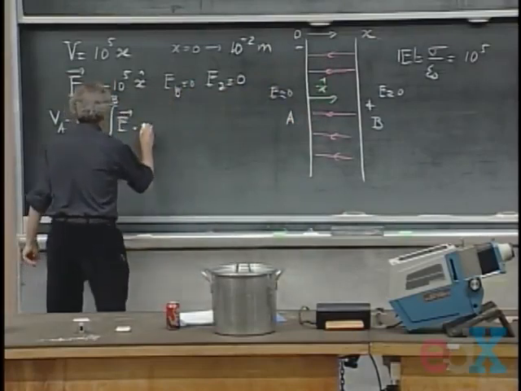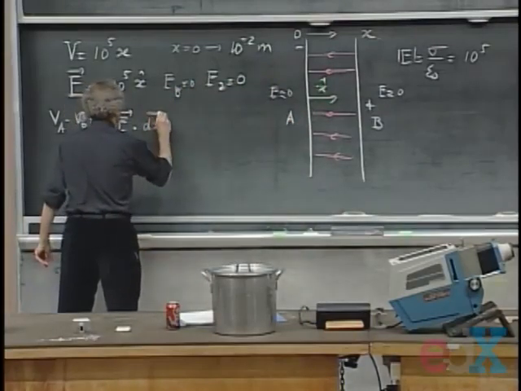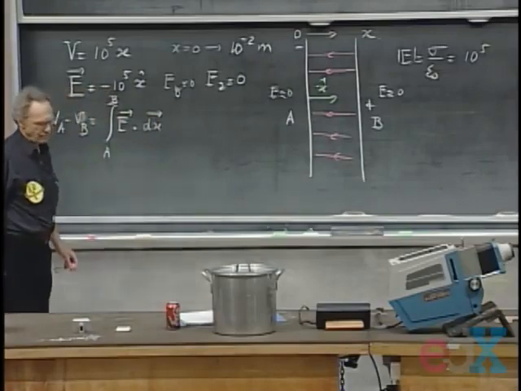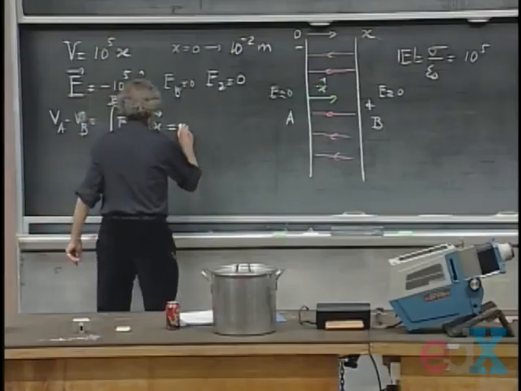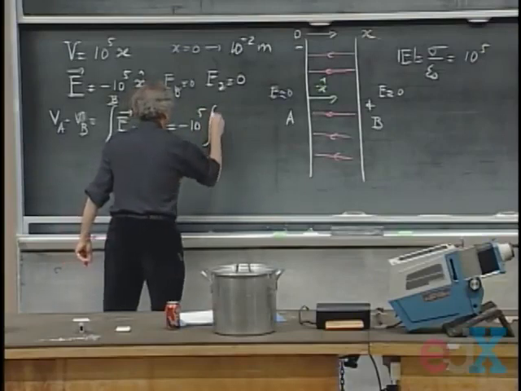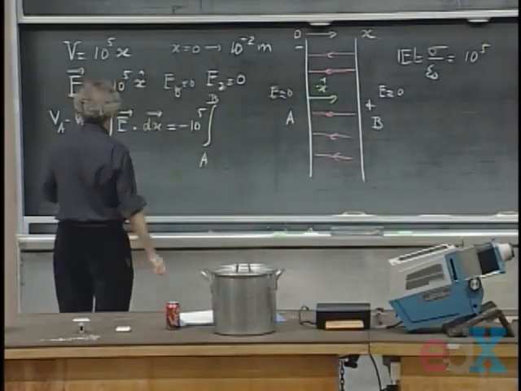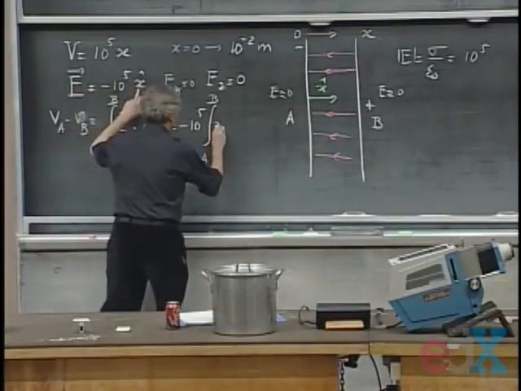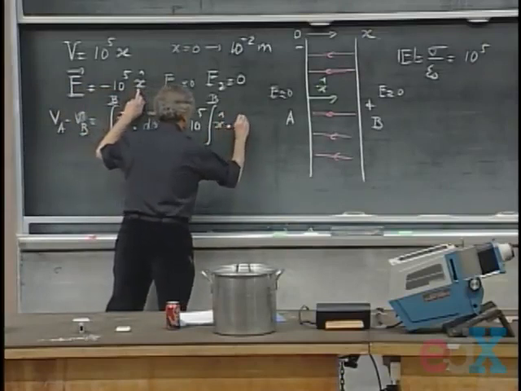So I will write down here dot dx. And so this is minus 10 to the fifth times the integral going from A to B of x roof dot dx.